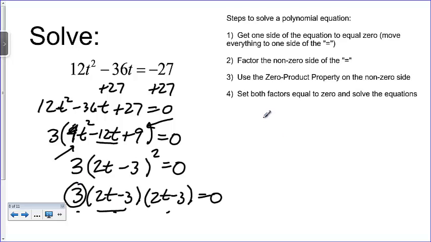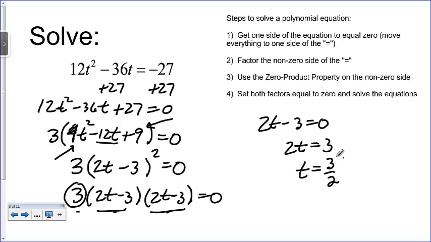I'll set 2t minus 3 equal to 0, but there's no sense in setting 2t minus 3 equals 0 twice, so just do it once. Solve this equation for t by adding 3 to both sides and then dividing both sides by 2, and I get t equals 3/2. So only one solution here for this polynomial equation.